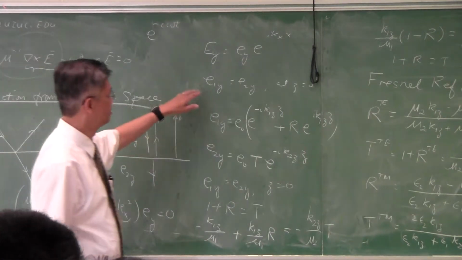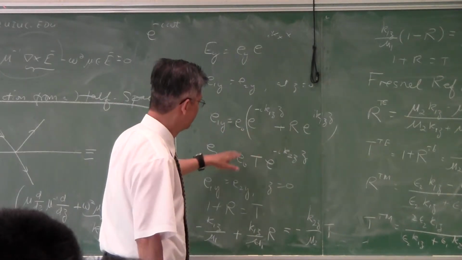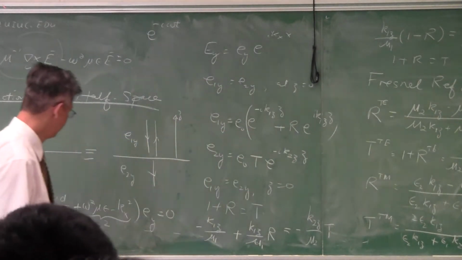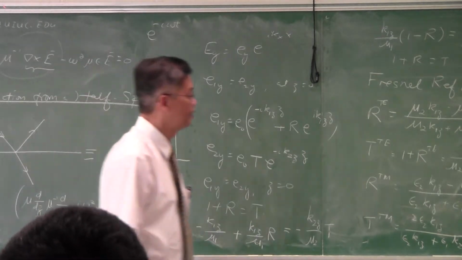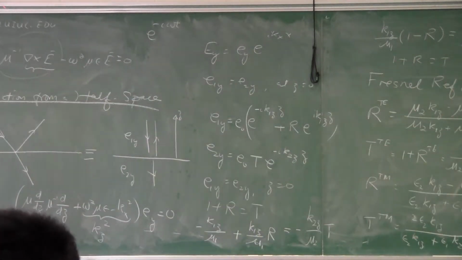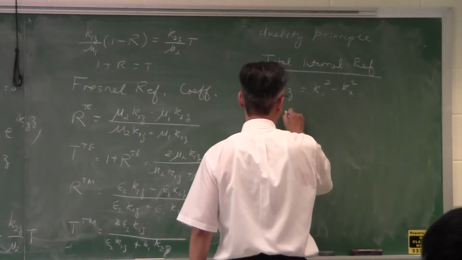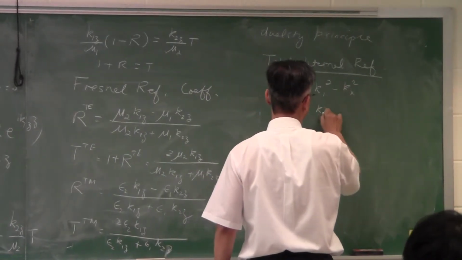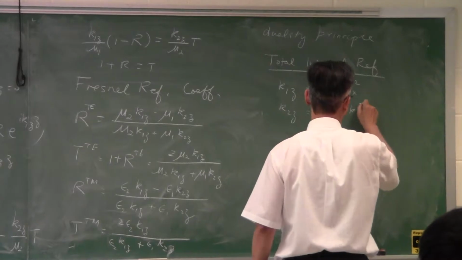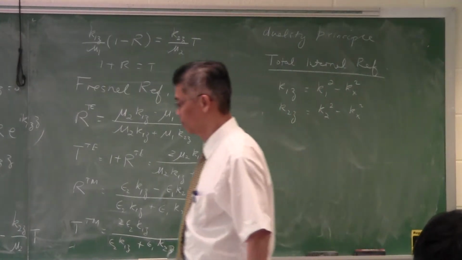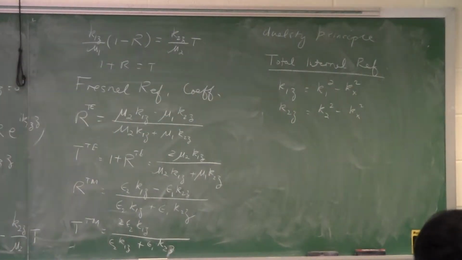And if you write down the solutions in region 1 and region 2, they are according to this. So k1z would be equal to the square root of k1 squared minus kx squared, and k2z would be equal to the square root of k2 squared minus kx squared. The kx's in each region have to be the same.